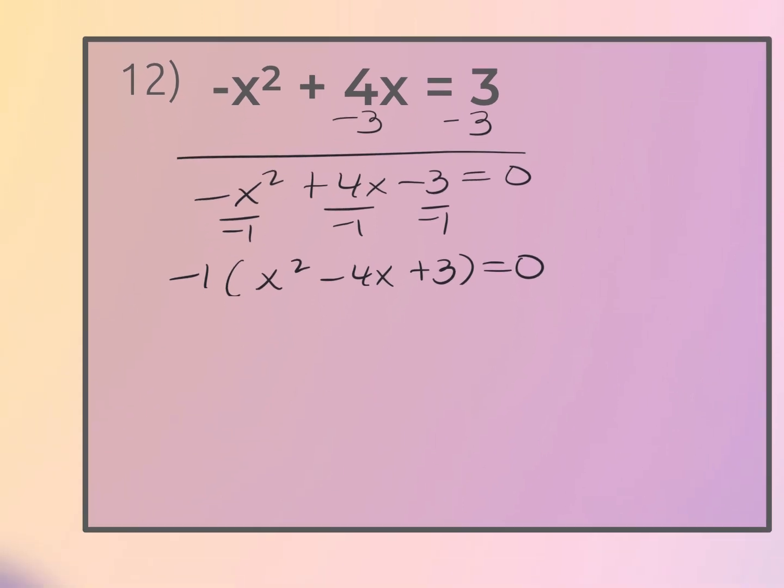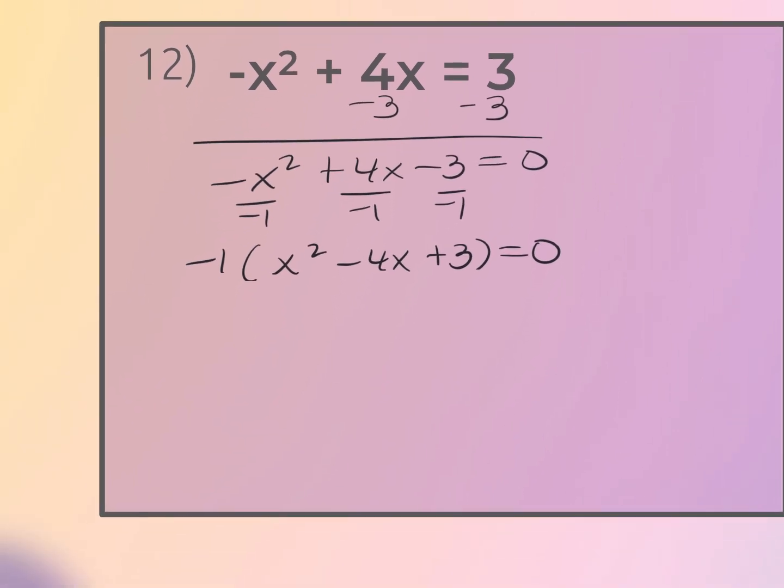I'm looking for two numbers that'll multiply to give me positive 3, but add to be a -4. And that'll be a -1 and a -3. Now again, set each piece equal to 0. Now when I take this number here and set it equal to 0, there's nothing to solve here, so I don't do anything with this one.